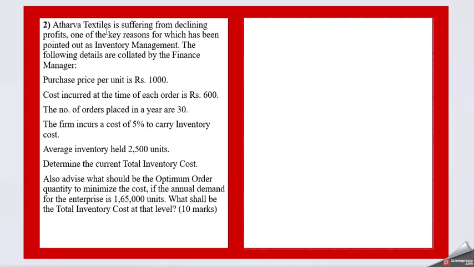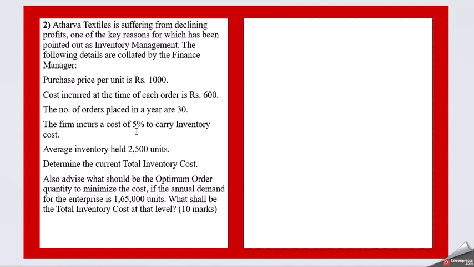Question 2. Atharva Textiles is suffering from declining profits, one of the key reasons for which has been pointed out as inventory management. The following details are collected by the finance manager. Purchase price per unit is rupees 1,000. Cost incurred at the time of each order is 600 rupees. The number of orders placed in a year is 30.